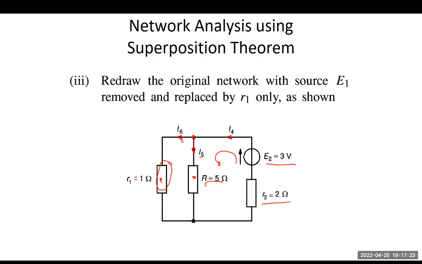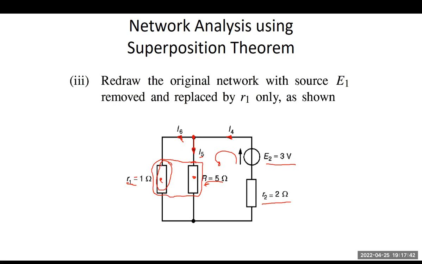We do a similar process like we did before. We could see that R sub 1 and R are connected in parallel, so we could have an equivalent resistance of this.